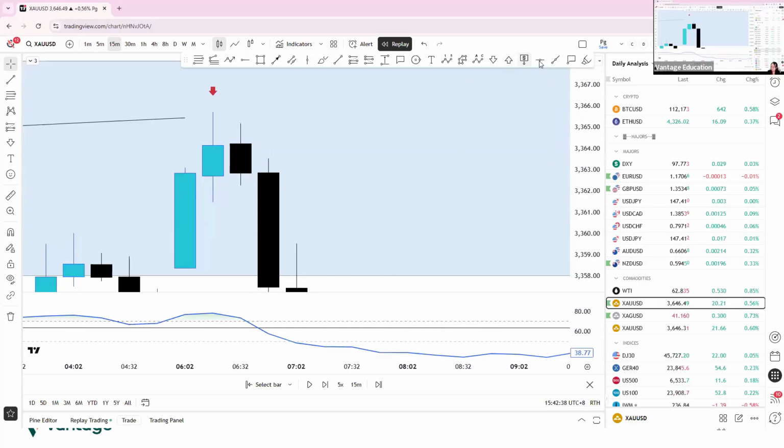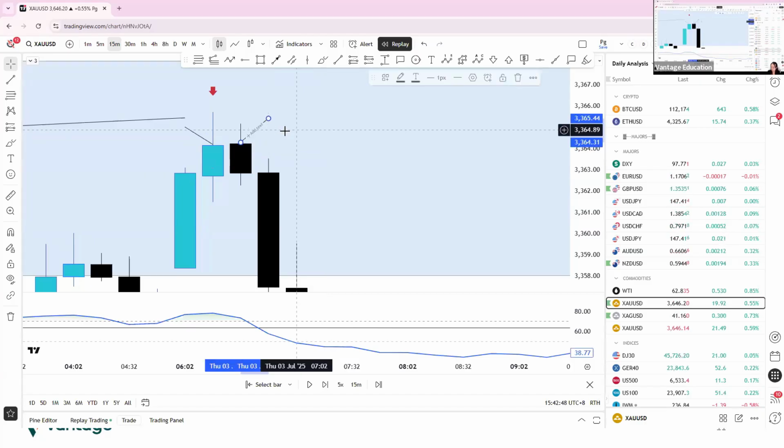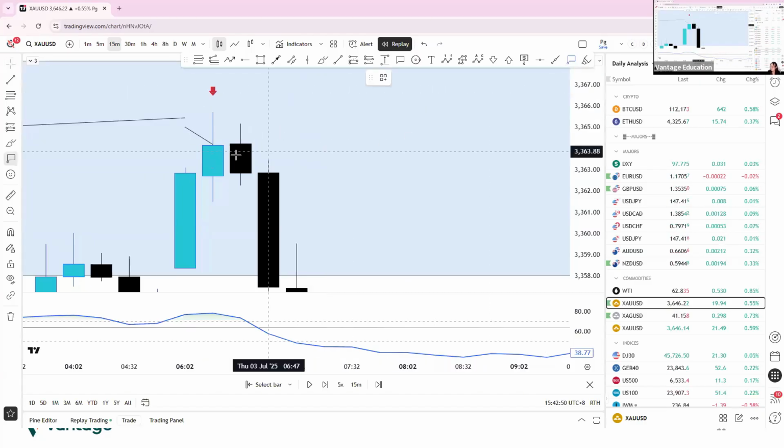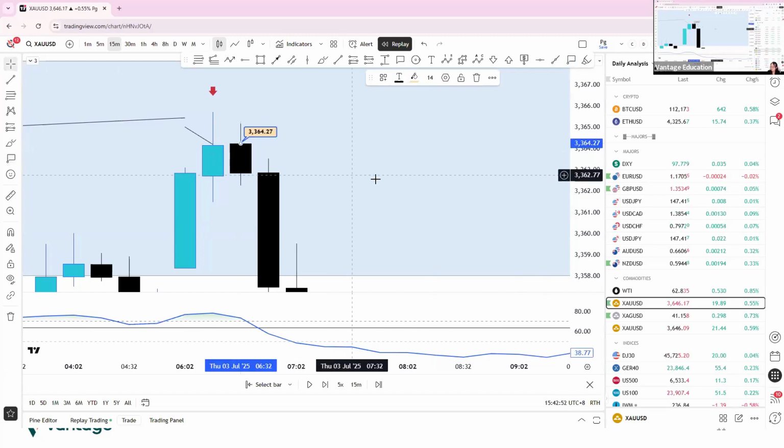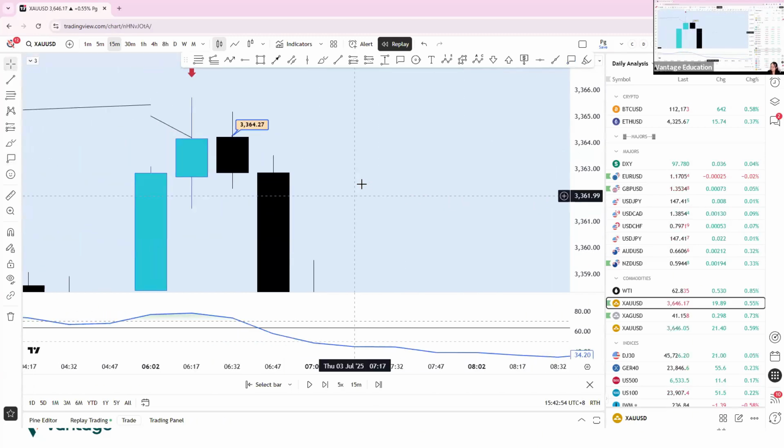Opening here, meaning that closing here for the bullish, opening here for the bearish candle, right here.